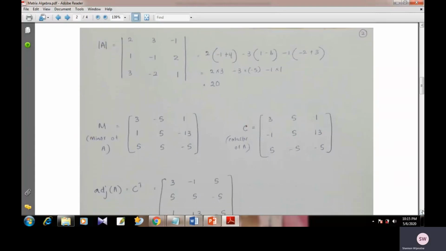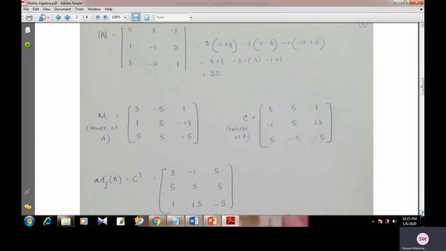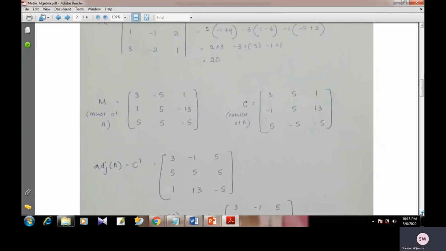And then the adjoint of A. Adjoint means we have to take the transpose of the cofactor matrix. Transpose of the cofactor matrix means we write down the rows of this cofactor matrix as the columns of the adjoint matrix. So the first row here will be the first column, second row here will be the second column, third row here will be the third column.